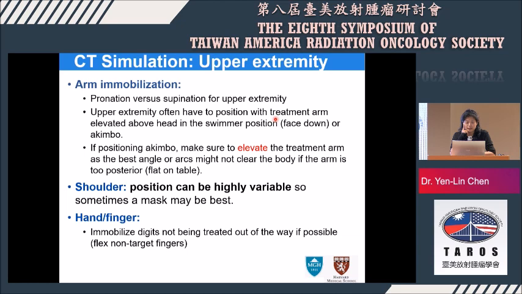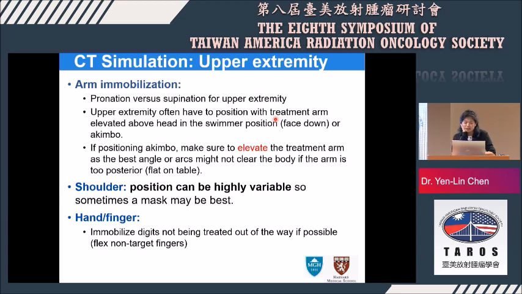So for upper extremity immobilization, you want to decide, is it better to pronate or supinate the portion that you're treating? Sometimes the best position may be somewhere in between with the thumb pointing vertically. Upper extremity often has to be positioned with the treatment arm elevated above the head in what we call a swimmer position with the face down, or akimbo to get it away from the body.